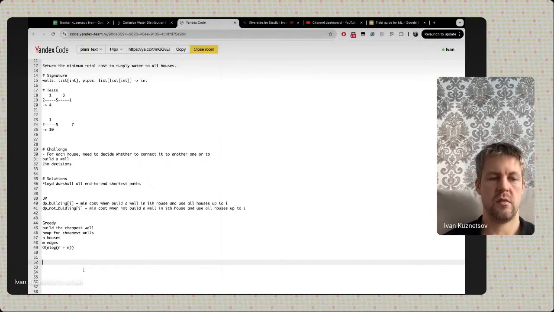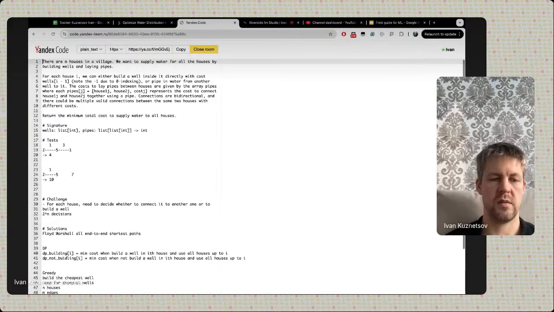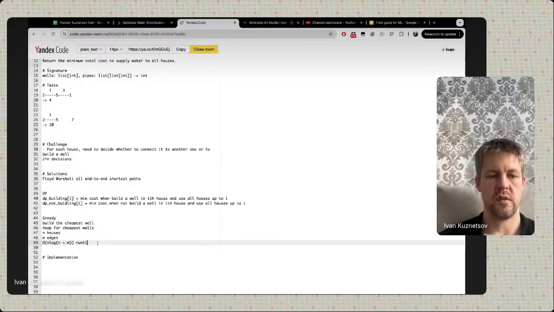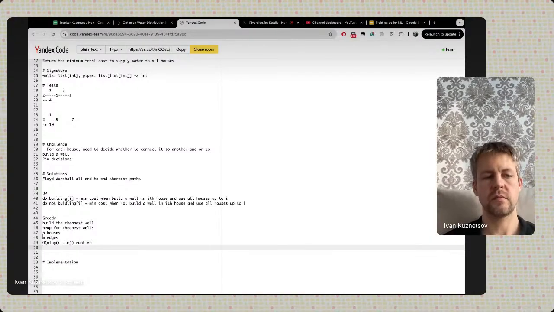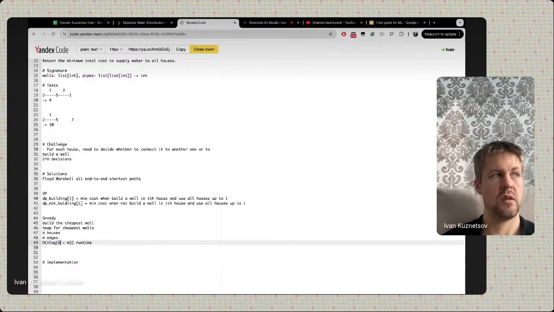Okay, now let's do the implementation. Oh yeah, in space, right? So this is runtime. This is basically the size of the frontier. We start with log of n for each operation, and well, actually, we might need more than n operations at most.